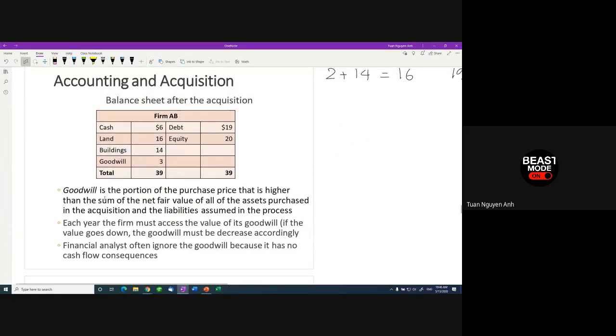Goodwill is defined as the portion of the purchase price that is higher than the sum of the net fair value. This is very important: we use the net fair value.